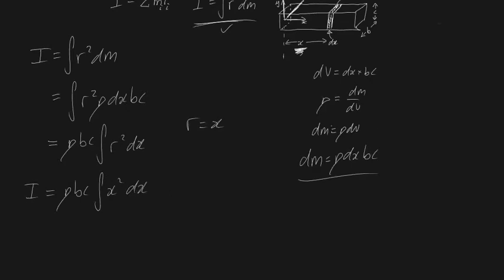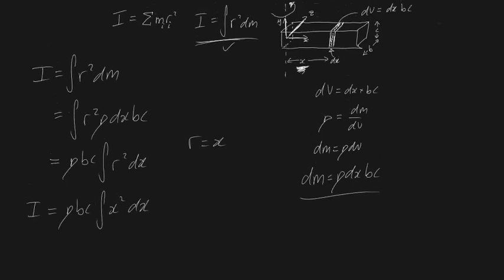Now here's the interesting thing. What are our limits of integration? Well, because this is dx, that means our limits of integration will involve our range of x values that make up the bar. Notice that I've defined my axis to be here, and the range of x values that make up this bar is x between 0 and L, right?